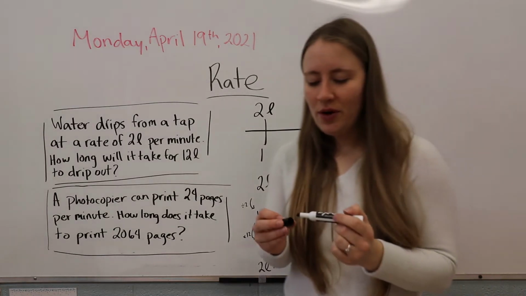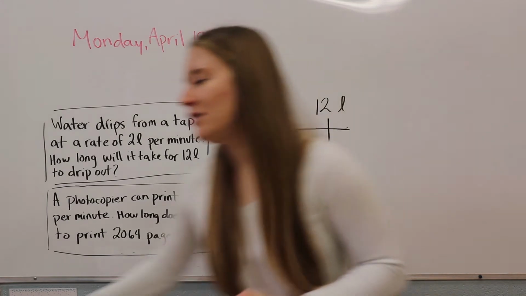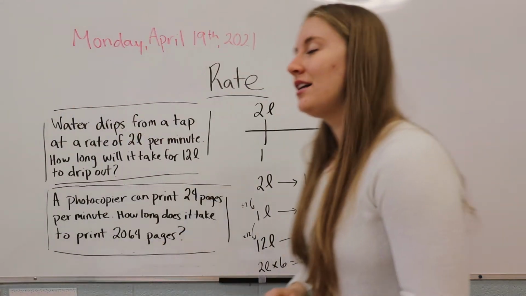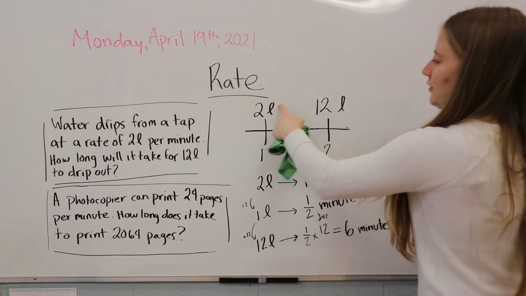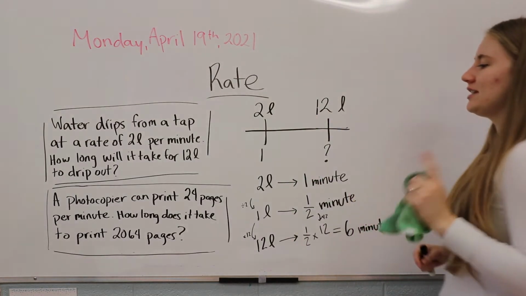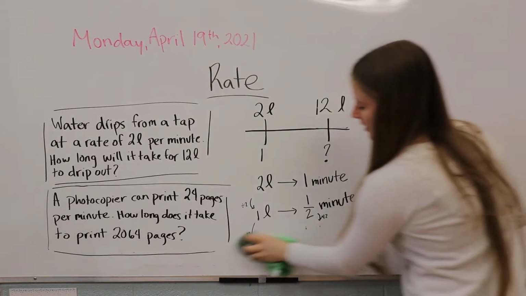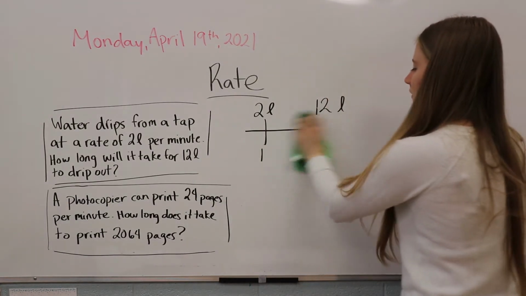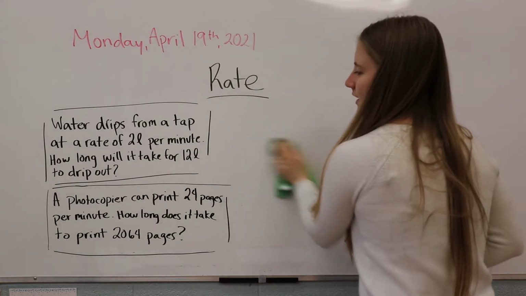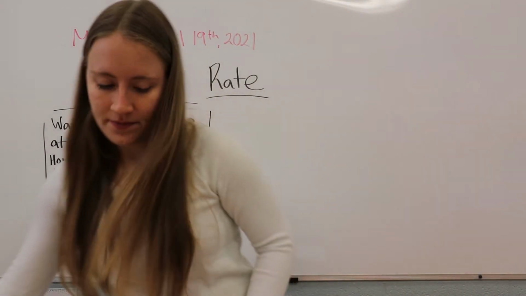Okay, and so that's probably what you did in your head, but that's a relatively simple question. And it might not always be as clear to see that that's the difference between the 2 amounts. Okay, for example, our next question involves numbers that are a bit bigger. Okay, so let's have a look here.